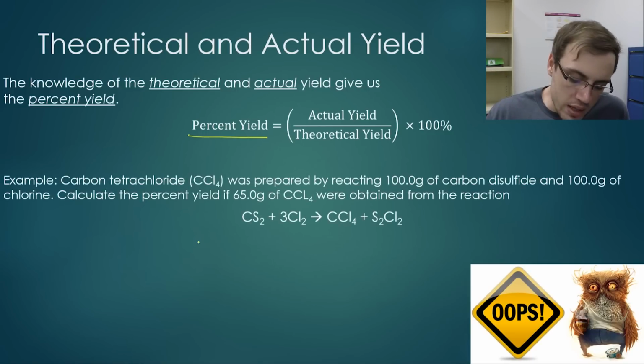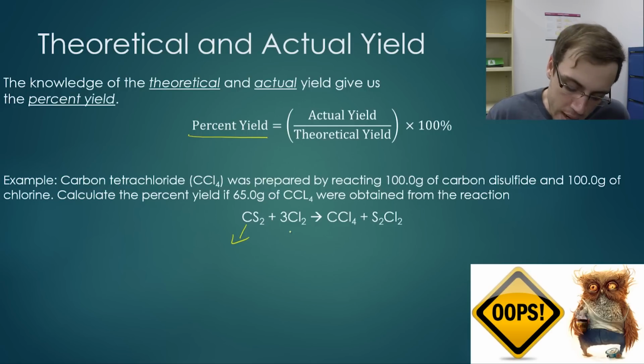So for example, carbon tetrachloride was prepared by reacting 100 grams of carbon disulfide and 100 grams of chlorine. Calculate the percent yield if 65 grams of CCl4 was obtained from the reaction. So what this means is that we are given the mass of carbon disulfide.